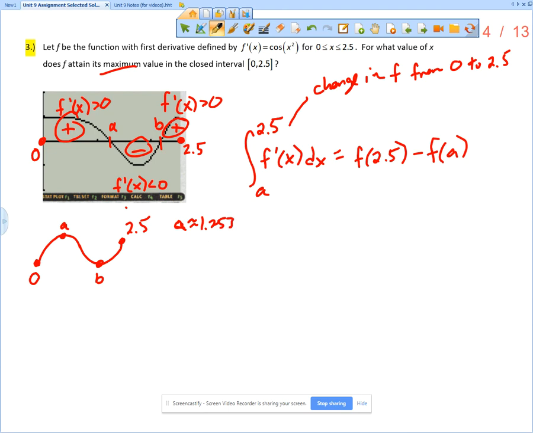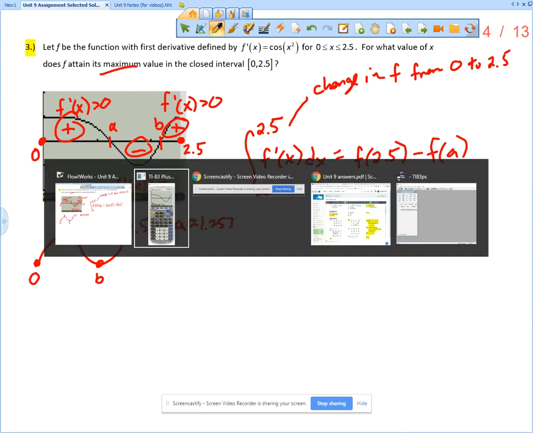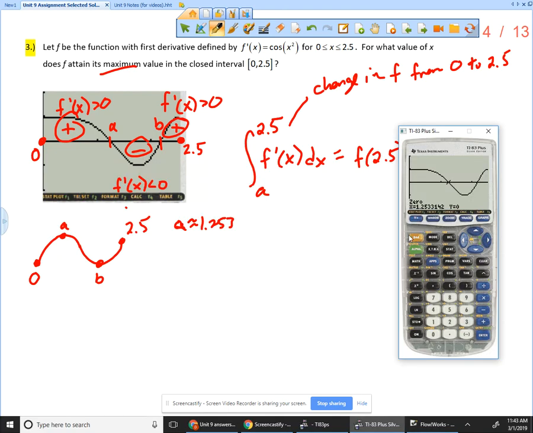So A is approximately 1.253. Now I'm going back to my calculator to calculate. I'm going to do math 9 once again. I already typed the equation in, so I can do vars, y vars, function number 1. I want to integrate y1 with respect to x from 1.253 to 2.5.